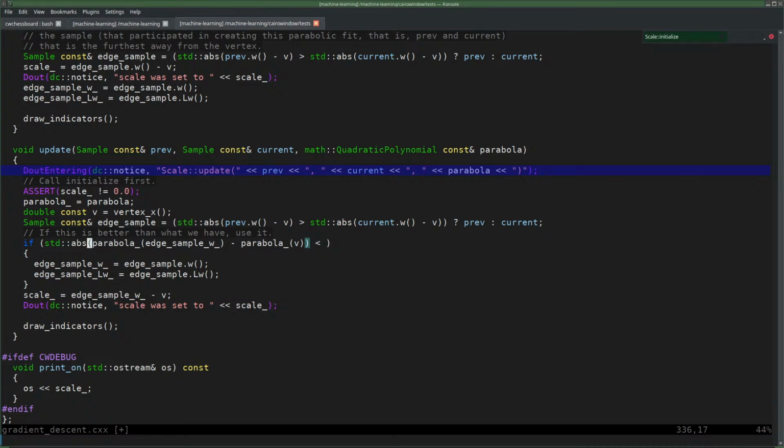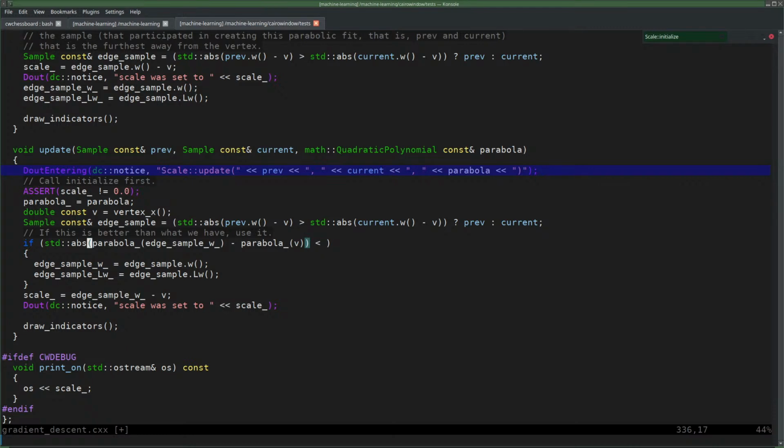This is the old scale. Therefore, I think, yeah, probably. Could divide this by that, and then I only have to do an absolute value once.